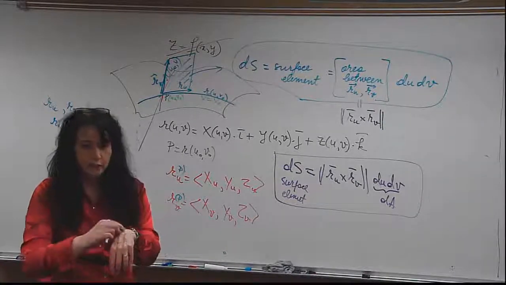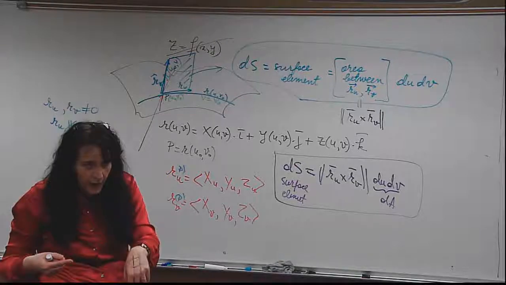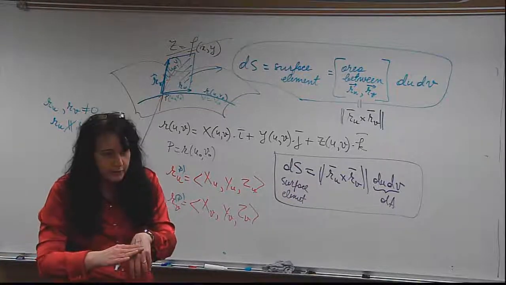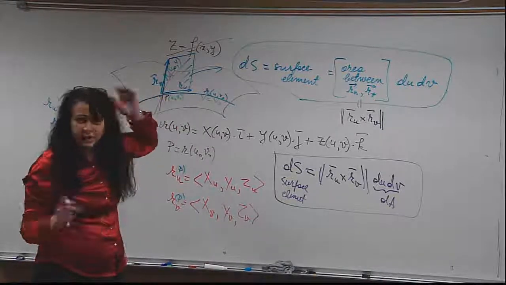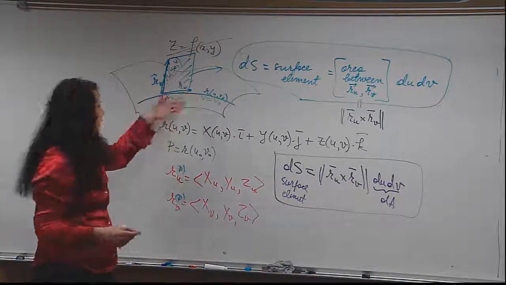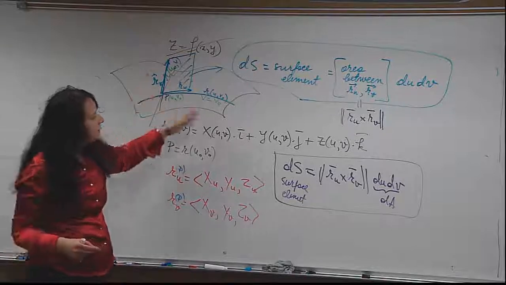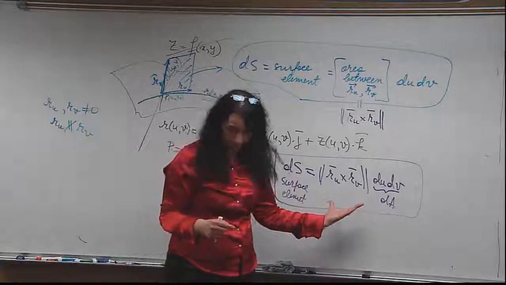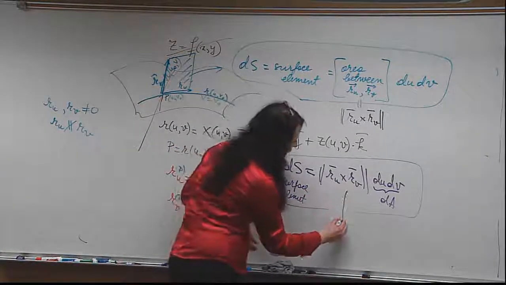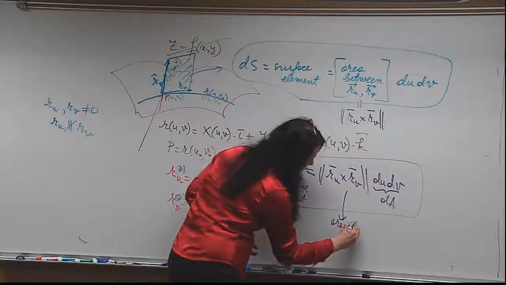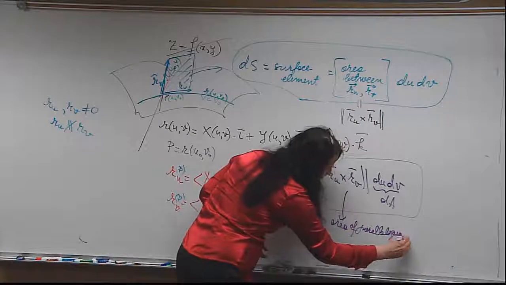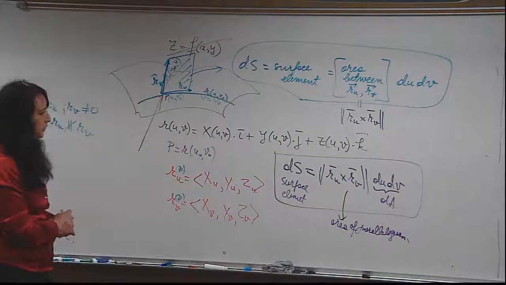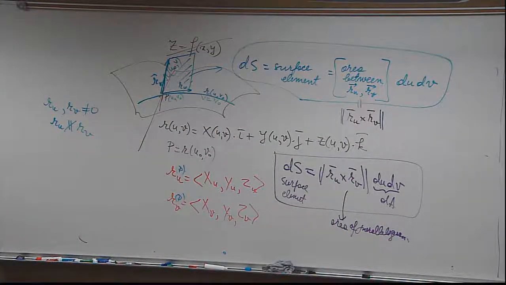So this curvilinear patch between two curves on my hand will be actually approximated by this, what is this, rectangle? No, it's a parallelogram. Thank you so much. So this is an approximation again. Okay, so this is the area of the parallelogram. And that's what we define as being the surface element.